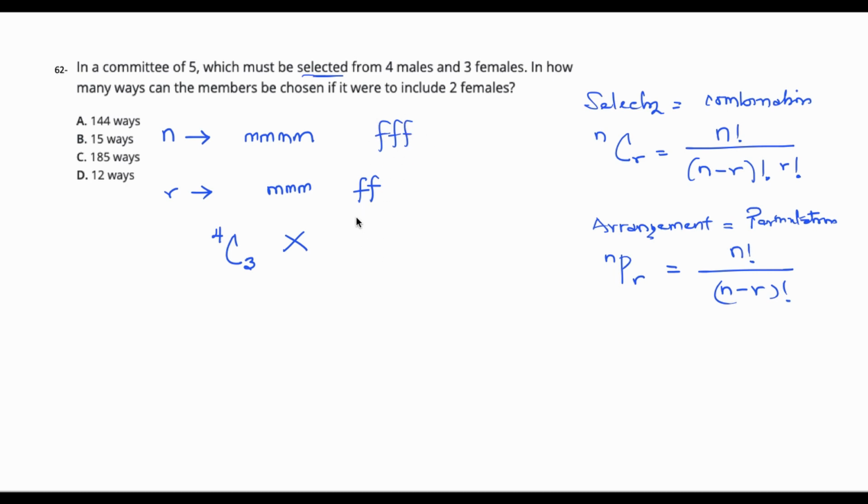So n in this case is 3, and our r is the 2 females that are eventually selected. So we'll solve this separately. For the males, we have 4 factorial divided by 4 minus 3 factorial multiplied by 3 factorial.